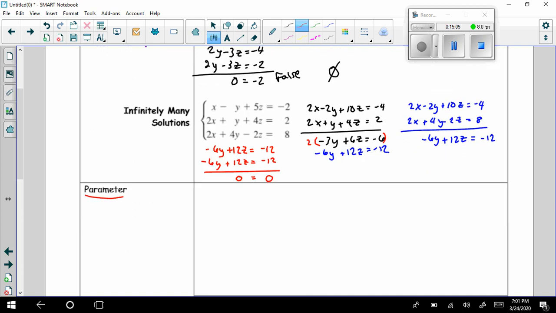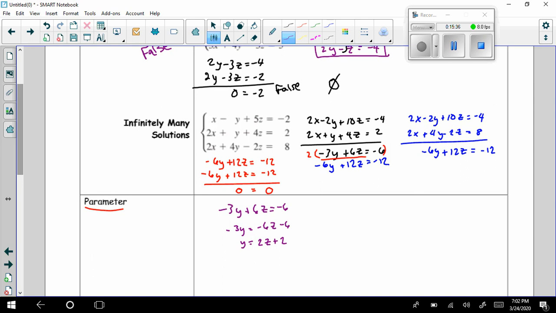If we continue the same problem and we look at this new equation here, we have negative 3y plus 6z equals negative 6, right? If we solve this equation for y, then we get negative 3y equals negative 6z minus 6. So y equals 2z plus 2, all right?